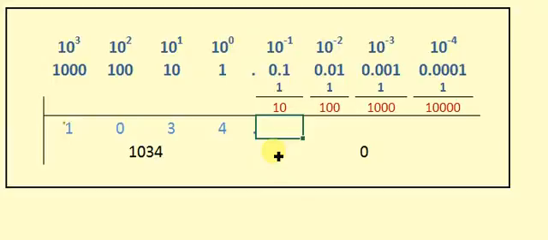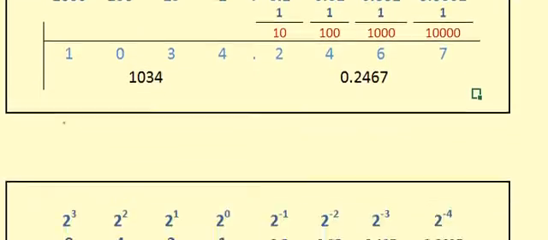Now when we carry on into the decimals, if we put 2 tenths, so that's 0.2, 4 hundredths, 6 thousandths, and 7 ten-thousandths, that's the number we get. So our number becomes 1034.2467.